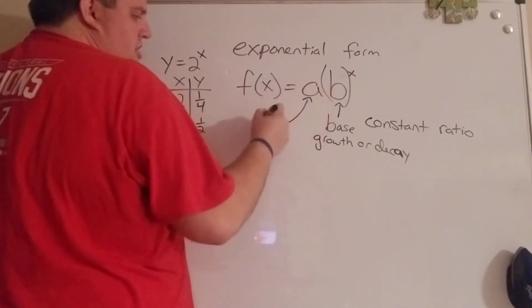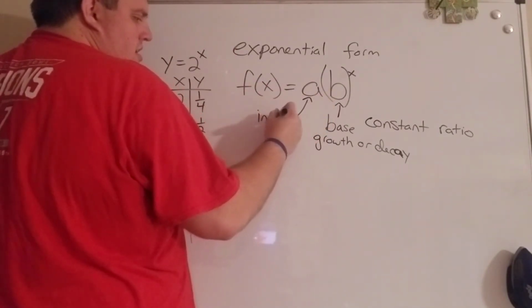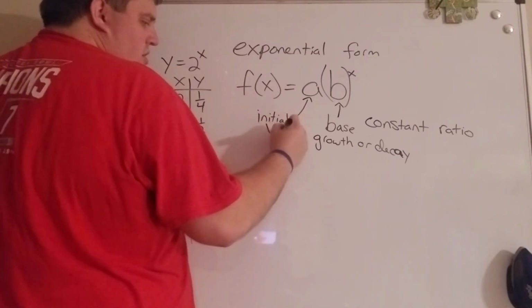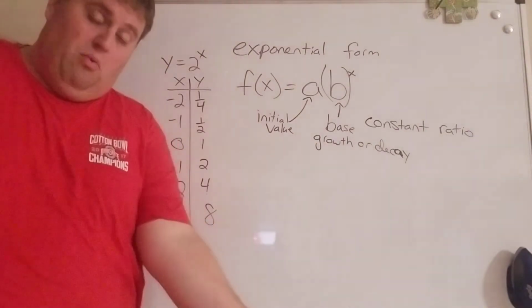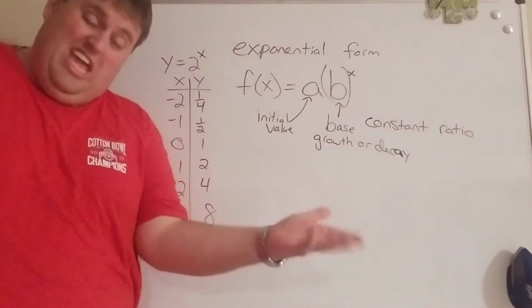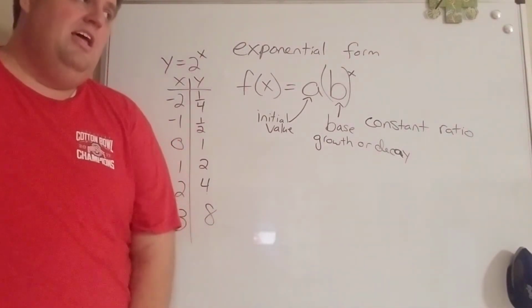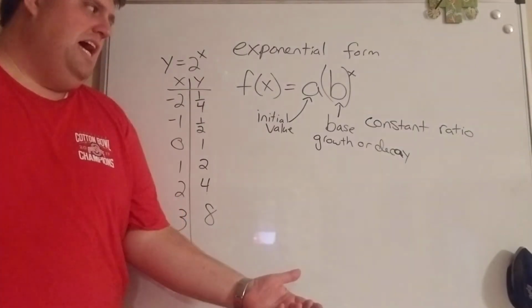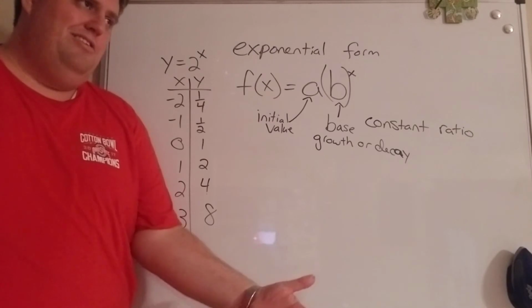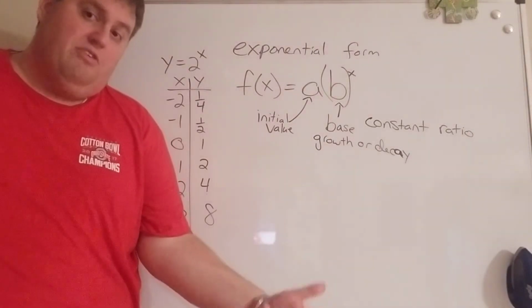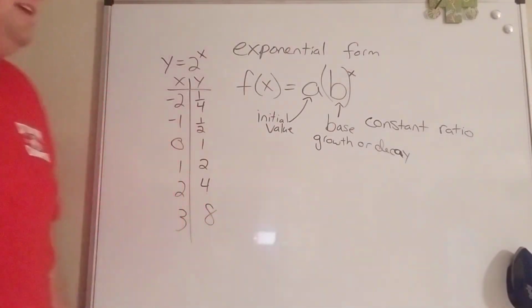This a value here, this is our initial value. So I sometimes just slip and call it the y-intercept. It is the y-intercept. Really, y-intercept, we think of it as like a linear term, but you can always have a y-intercept. That's where it's going to cross the y-axis.